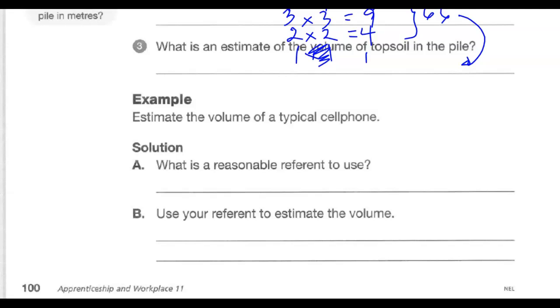So if you think about lining those up on your cell phone, I'm looking at mine. I probably have about 10 as my length, and my cell phone needs cleaning from what I can see here. 10 and maybe 5 as my width. So I'd go 10 by 5 of the cubes, would be 50 centimeters cubed.